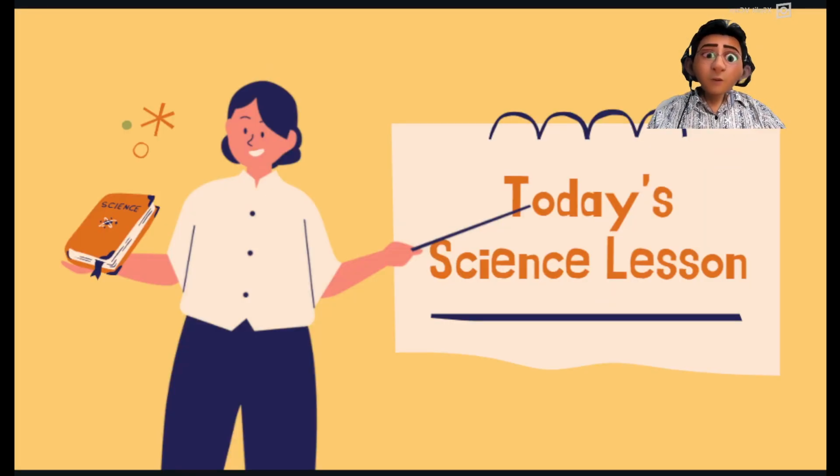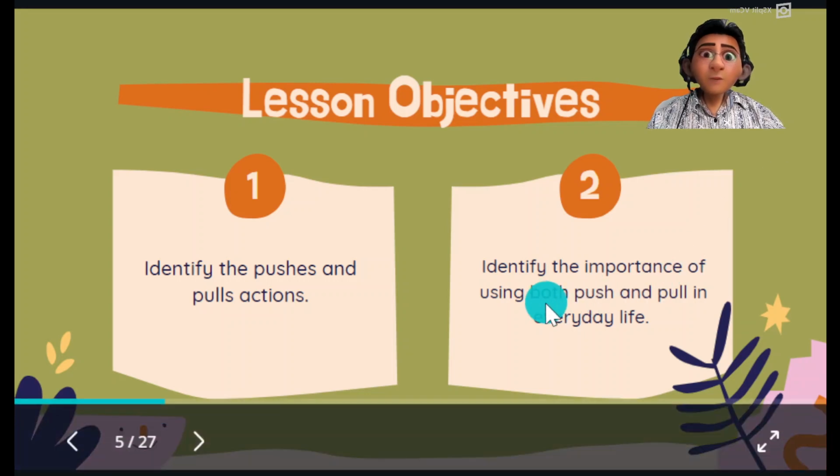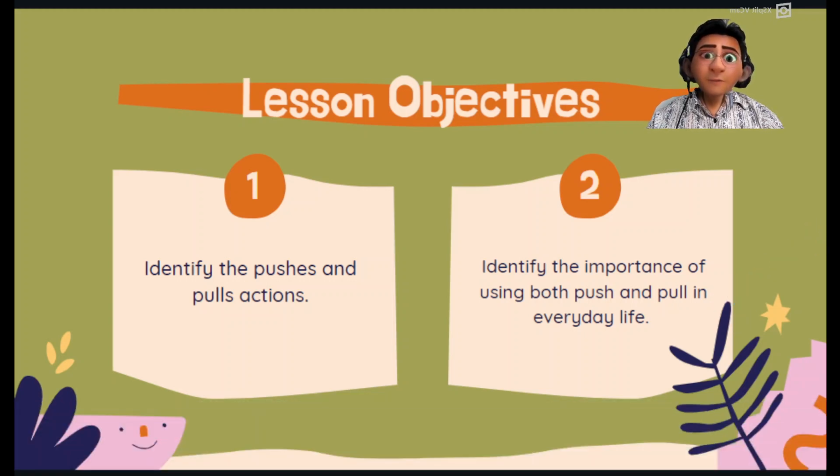Okay, for today's science lesson, we have lesson objectives. Number 1, we shall recap push and pull action. We have learned about push and pull. We will learn again, recap, push and pull. And the second objective is to identify the importance of using both push and pull in everyday life.